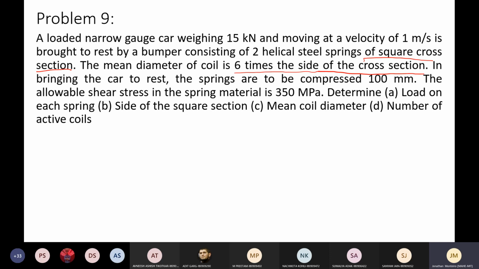For example, on page 172 in your data handbook, there is a square cross section spring described. So let me use that same figure for our understanding. Instead of round, there is a square cross section. It is described like this.